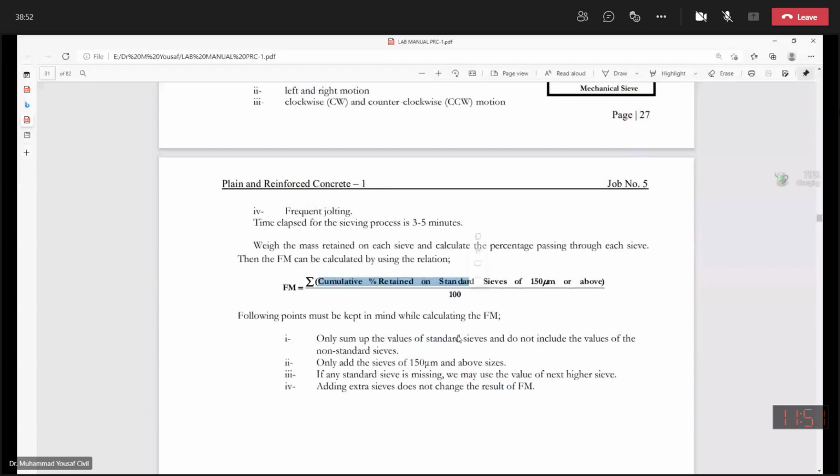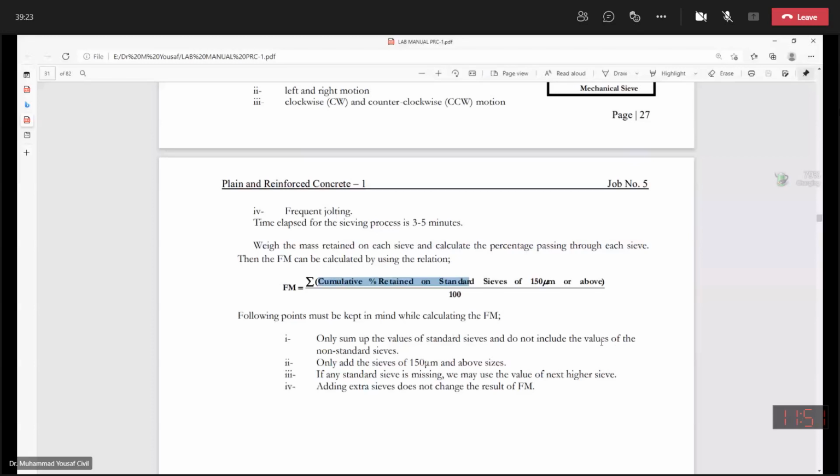Following points must be kept in mind. Only the values of standard sieves should be used, and the values of the non-standard sieves, you ignore them. If you are not having standard sieves but you are having non-standard sieves, then the material from the non-standard sieves should be ignored.